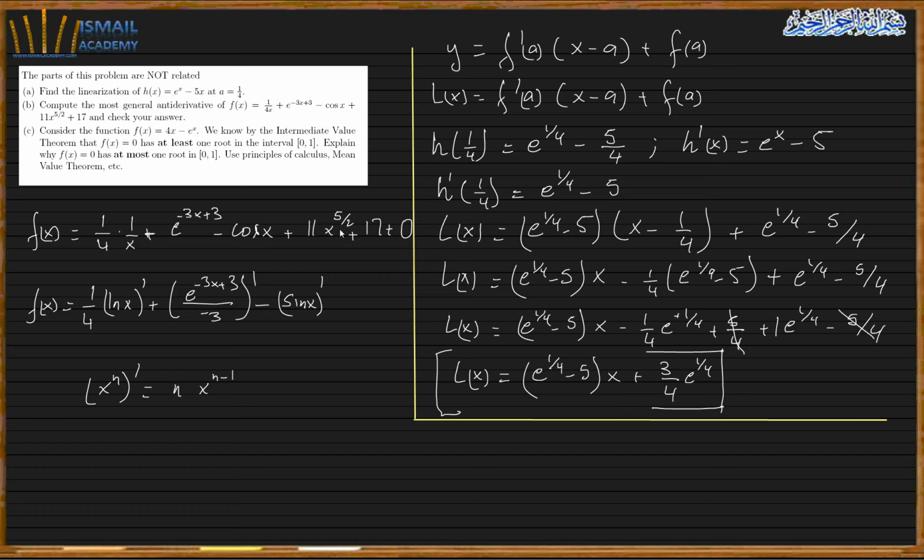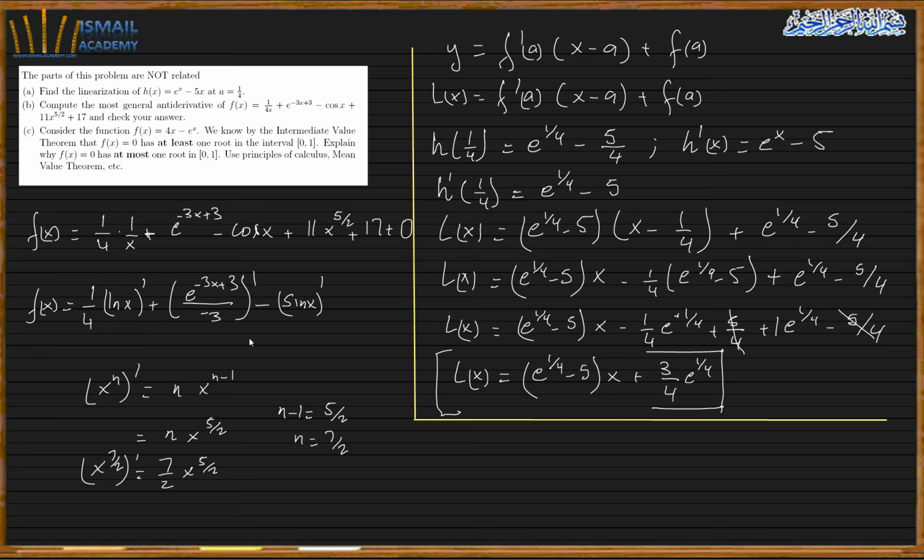We have x to the 5/2. So n minus 1 is 5/2, which means that n will be 7/2. So here will be 7/2 and here will be 7/2. So x to the 7/2, prime, is 7/2 times x to the 5/2.